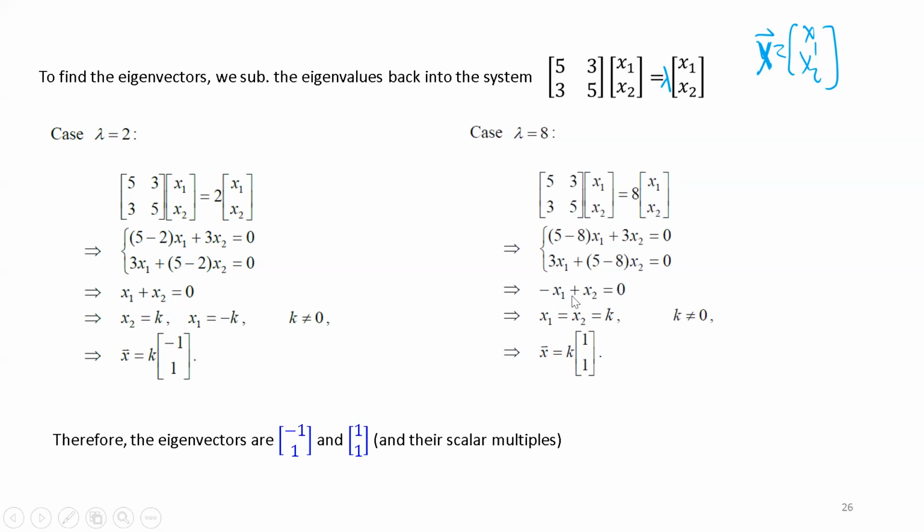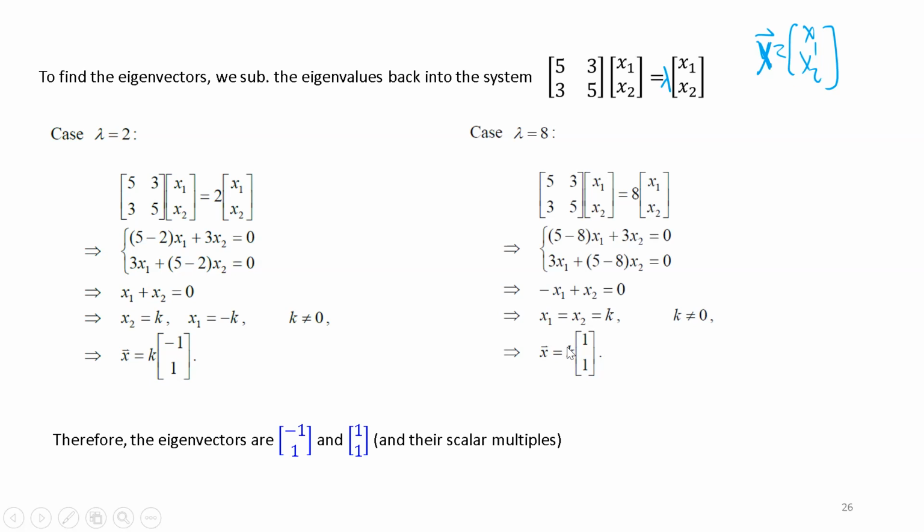Again, you can see infinitely many possibilities. Here I'll just call x1 equals x2 equals some parameter k. Then this time the eigenvector is (1, 1), multiplied by any parameter k.